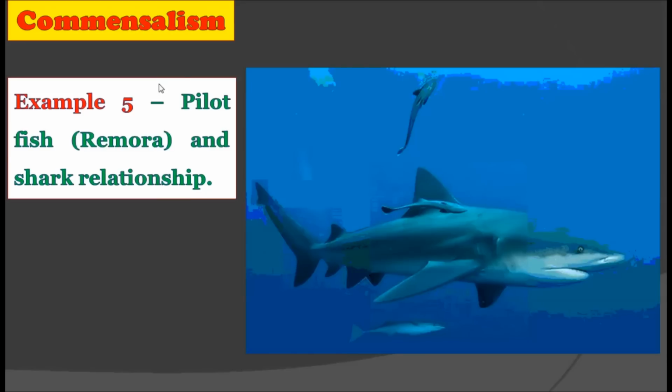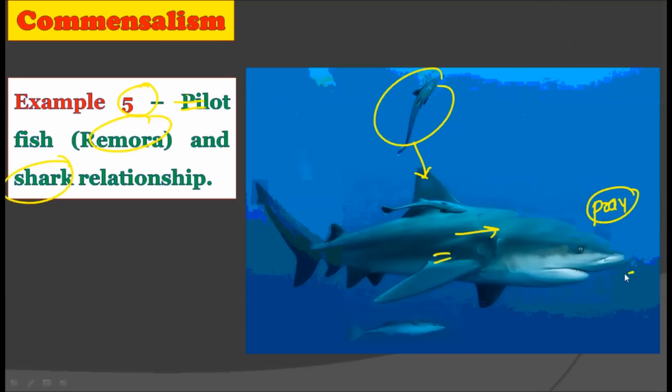The next and final example for commensalism is the pilot fish, that is the remora, and its relationship with the shark. As you know, the shark can travel throughout the ocean in search of food. What the remora fish does is just follow this shark. When the shark gets the prey, it chews that prey inside the water, and some particles are spread throughout the water.